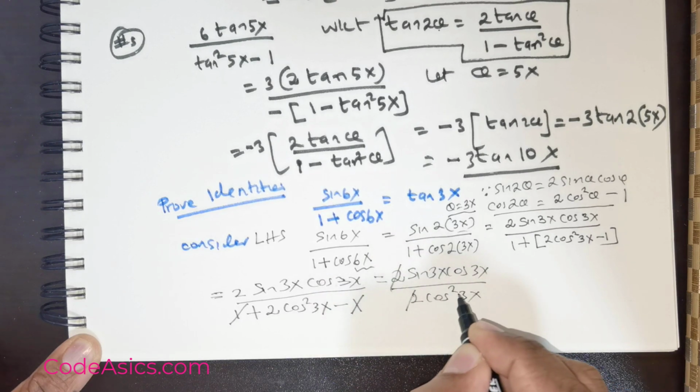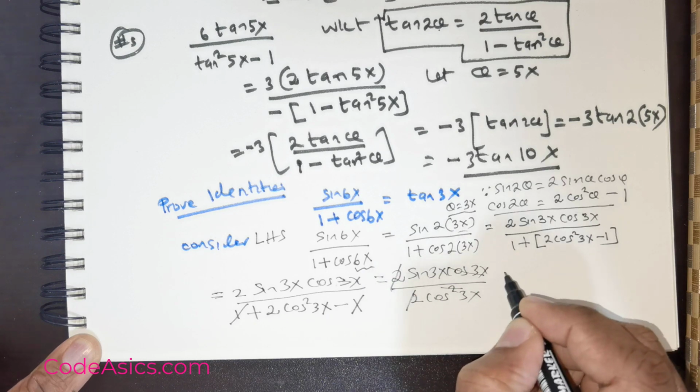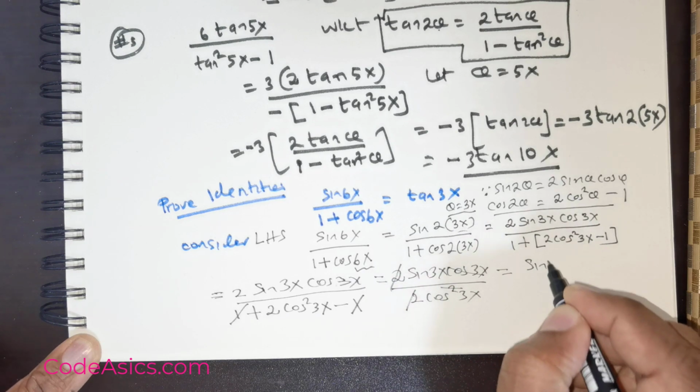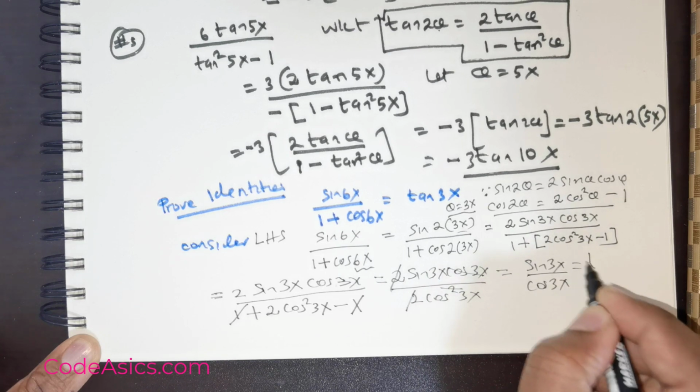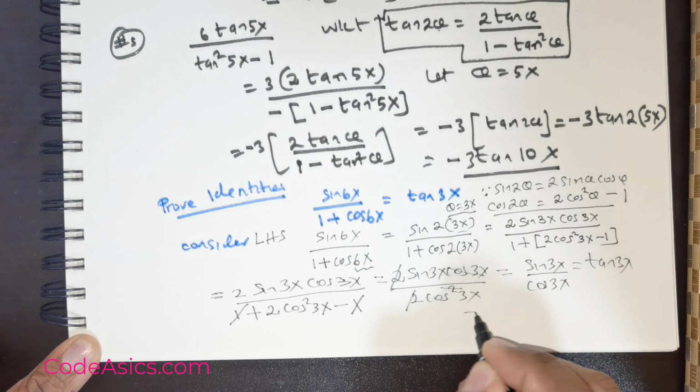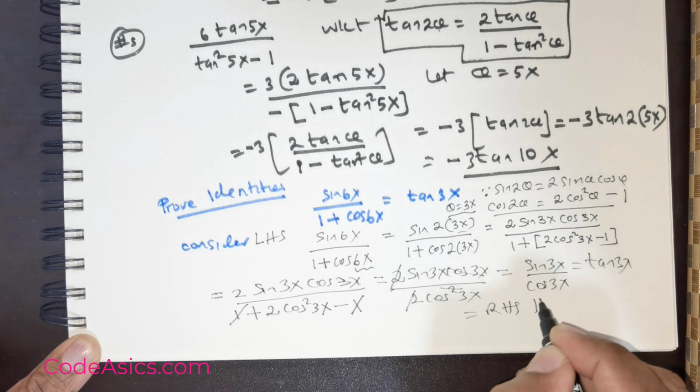The 2 can be cancelled, and a cos 3x can be cancelled, giving me sine 3x divided by cos 3x, which is tan 3x, which is the right hand side, hence proved, right?